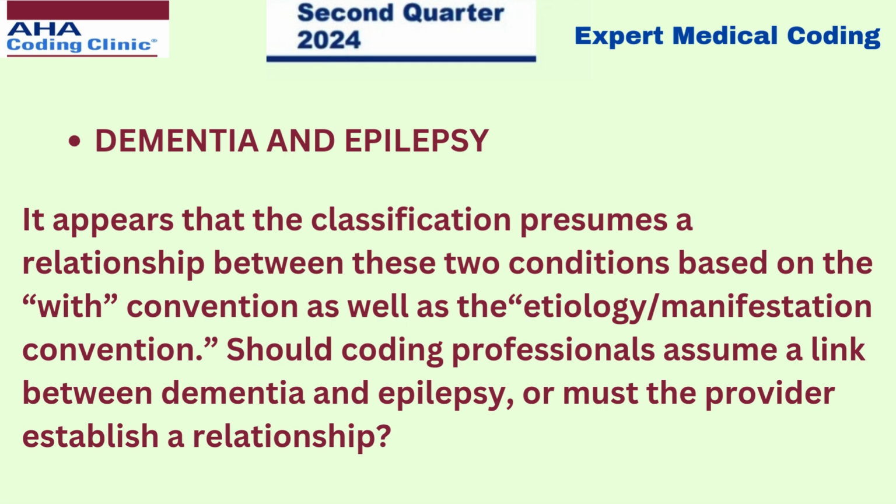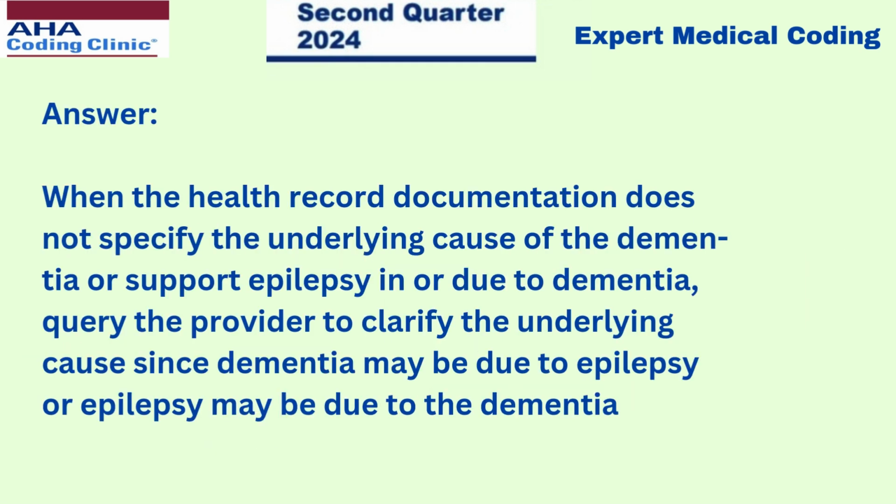relationship? The answer here is, when the health record documentation does not specify the underlying cause of the dementia or support epilepsy in or due to dementia, query the provider to clarify the underlying cause, since dementia may be due to epilepsy or epilepsy may be due to the dementia.